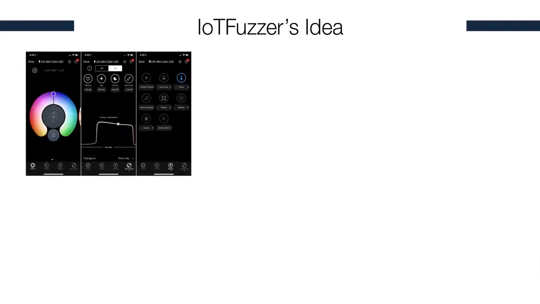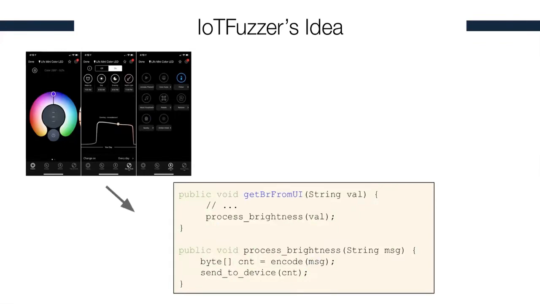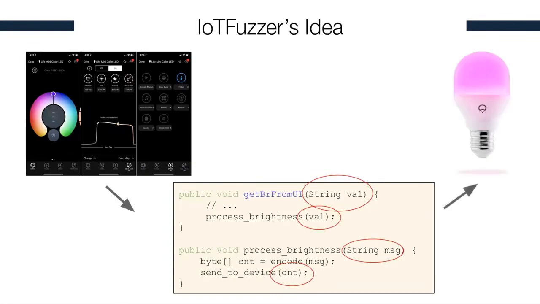When users use this UI to modify certain attributes of the IoT device or to control it, these UI actions get translated to messages, which the companion app packs into the format expected by the IoT device, and then eventually the message in this required format is sent to the IoT device.